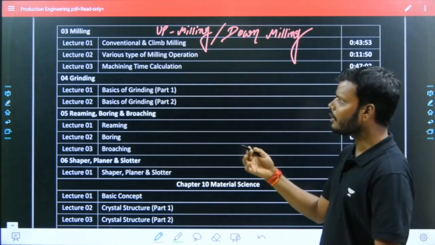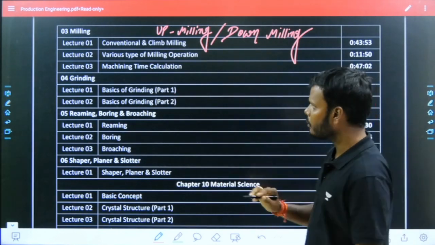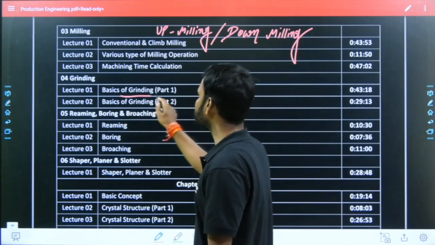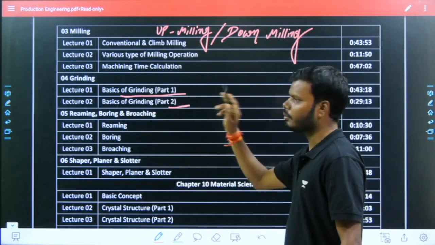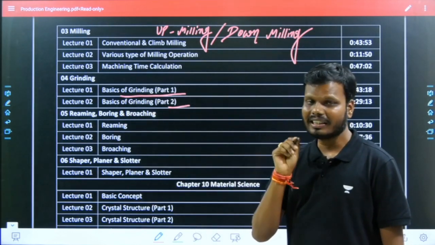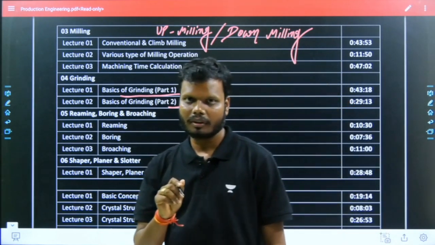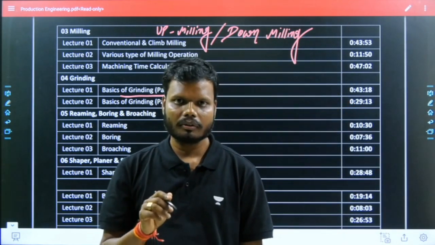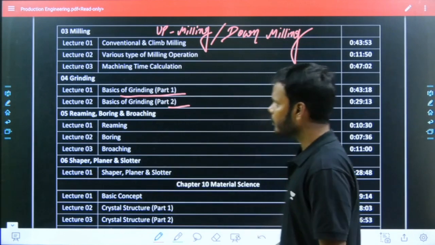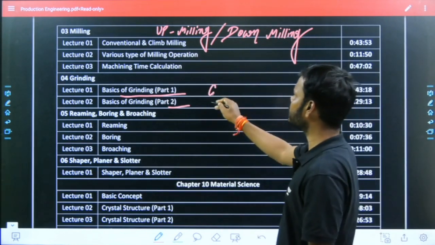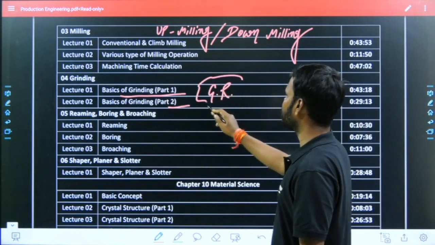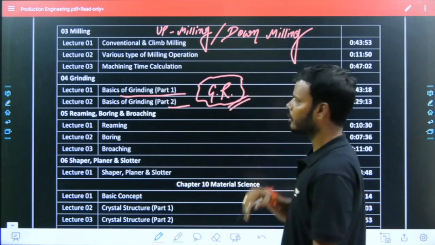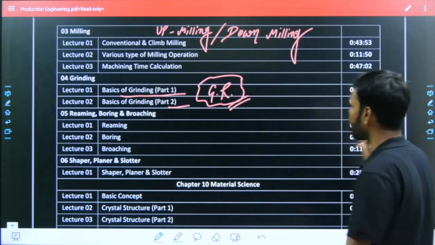Okay, the next one is the grinding operation, basics of grinding part 1 and part 2. In grinding, classification of grinding wheel is an important concept. And grinding ratio is also very important. Don't miss this topic.